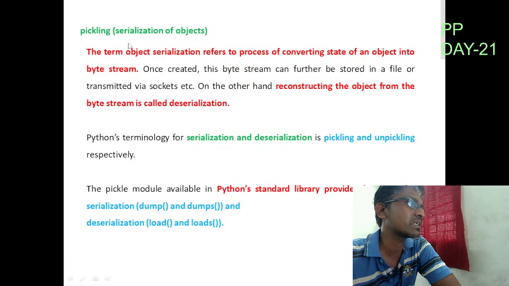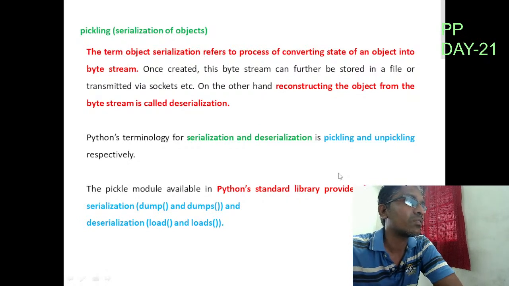So what is serialization, or what is pickling? Converting the text into binary format is called pickling or serialization of objects. And what is deserialization or unpickling? You convert the binary format back into proper text. That is called deserialization or unpickling.